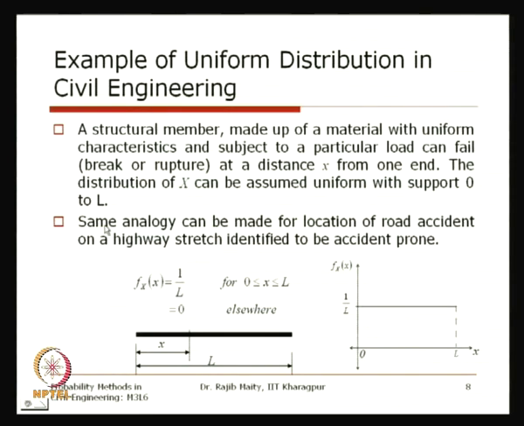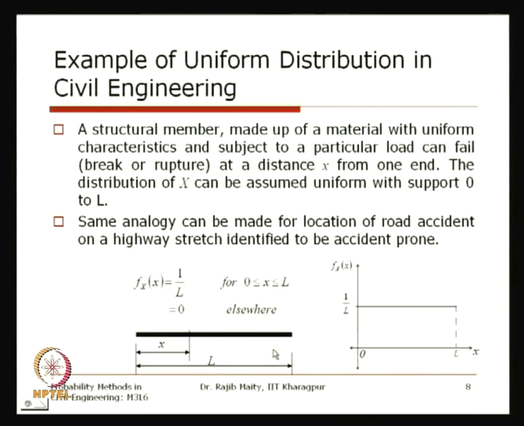This example can be extended analogously to other examples, like a road accident on a highway stretch identified as accident prone. If the total length of this road is L, the location of the accident can be any point over this stretch, so that can also be modeled as a uniform distribution.